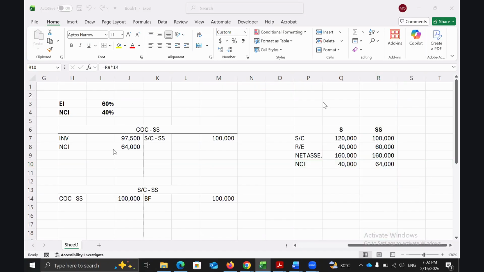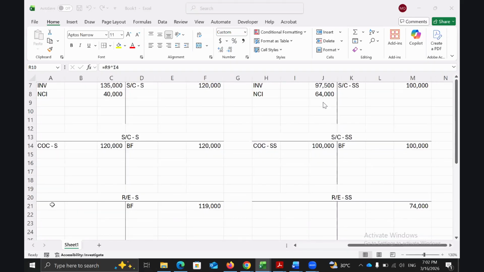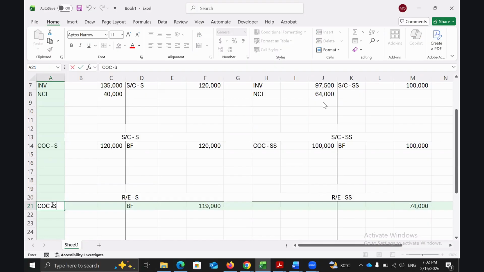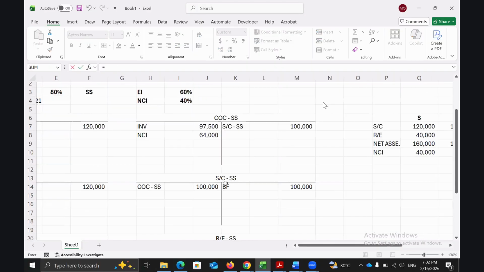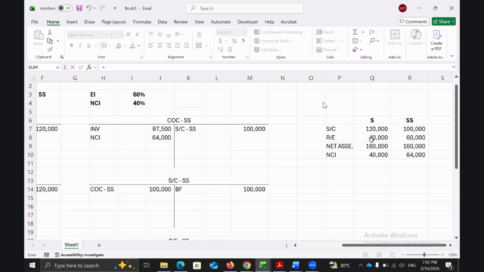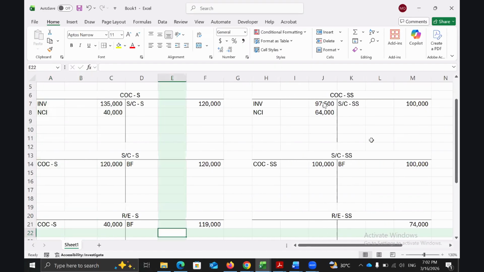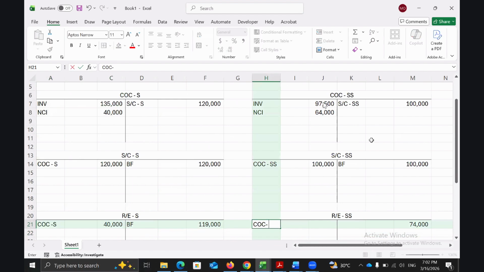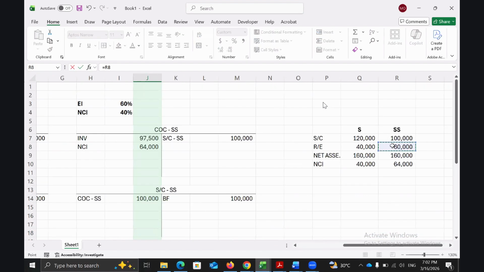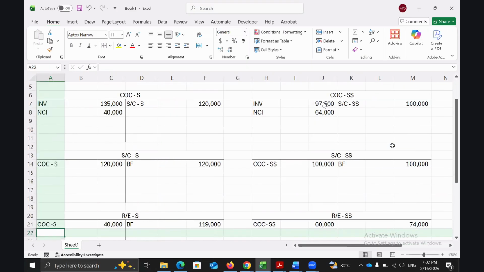Okay. Then we can transfer the pre-acquisition retained earnings. As there's no adjustments for the pre-acquisition retained earnings, we can simply transfer them. Here, the pre-acquisition retained earnings is 40,000. And here, it is 60,000. We'll transfer this to the COC.